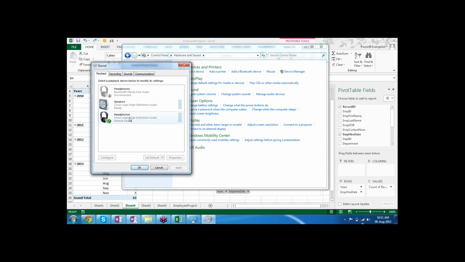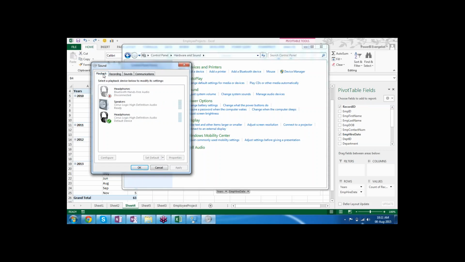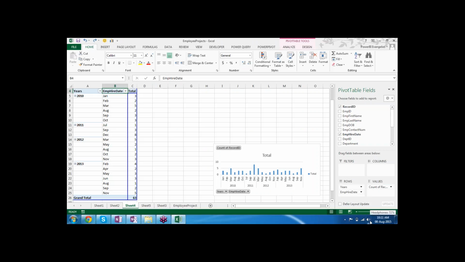For me, it is a headphone as a speaker or the playback, and for recording also, I'm using an external mic, which is actually a part of the headphone itself. See, as I'm talking, you can see the bar. This means that the mic system is absolutely fine from this end. Test your sound, and once again come back to this particular place. Check with your control panel first, and see whether this is muted or something like this. Have a look.